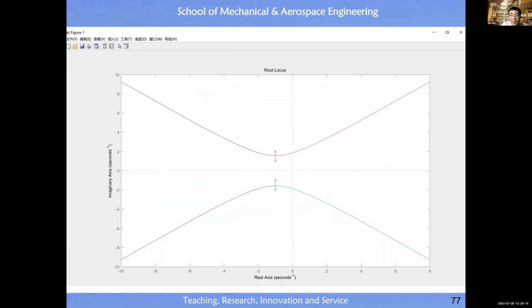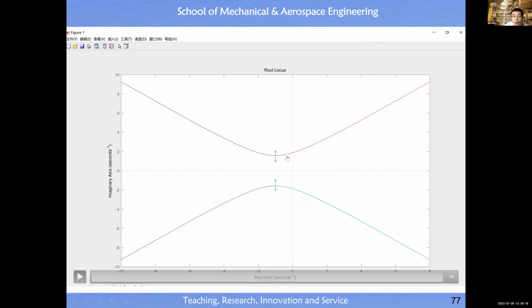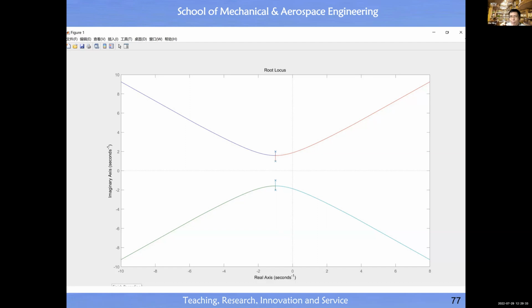So then different colors. If let's say you want your root to be here or to be here, then you know what should be the value of K. But for this system, you see the root enters the right half plane. When the root enters the right half plane, it basically means it has a positive horizontal component. When it has a positive horizontal component, then you have a positive power for the exponential function, e with a positive power.